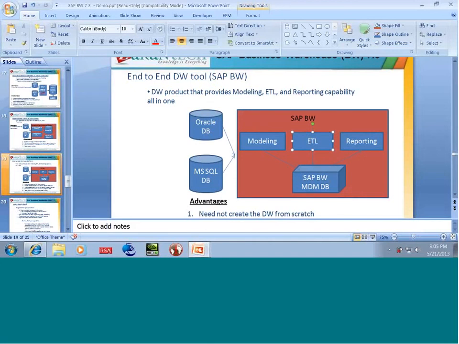As a BW user, I can also tap into the BODS ETL functionality. I can see where I can bring in the most efficient way of doing the ETL. In the future, BODS and this ETL will also be called interchangeably, because we can either use this ETL or we can use BODS, whichever we think is appropriate for the requirement.